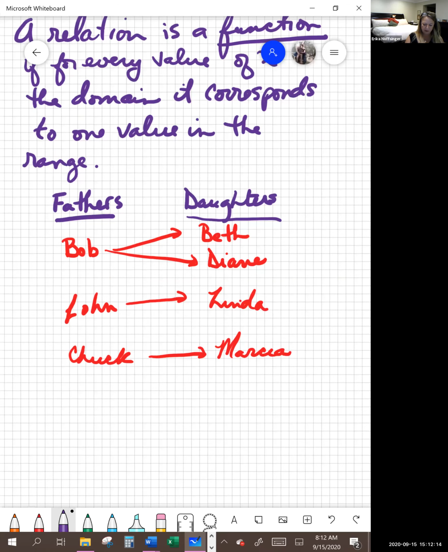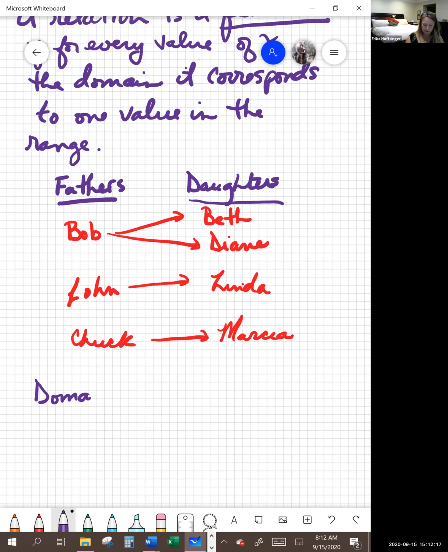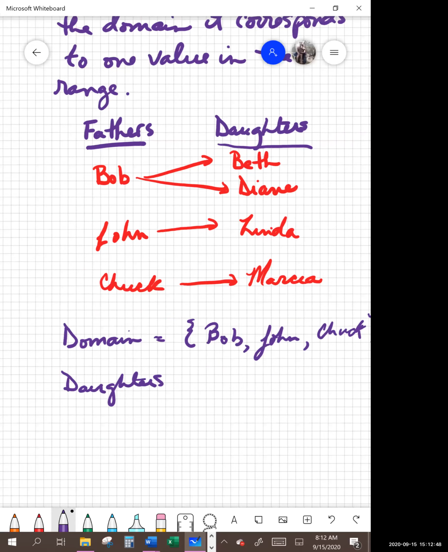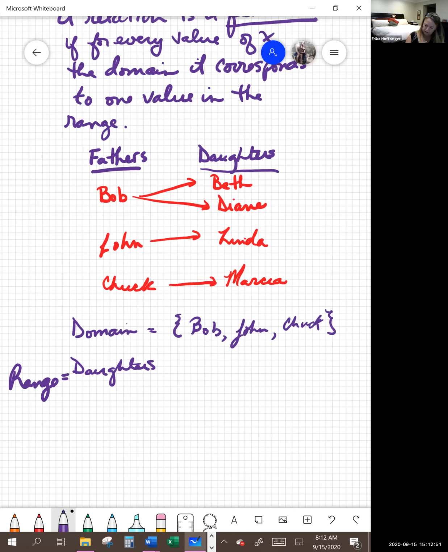The domain are the fathers. So in this set, we would have Bob, John, and Chuck. And the daughters, so that is the range, which would be Beth, Diana, Linda, and Marcia.